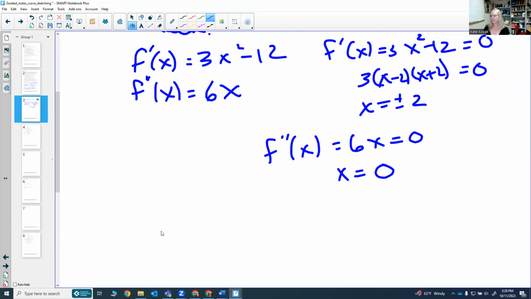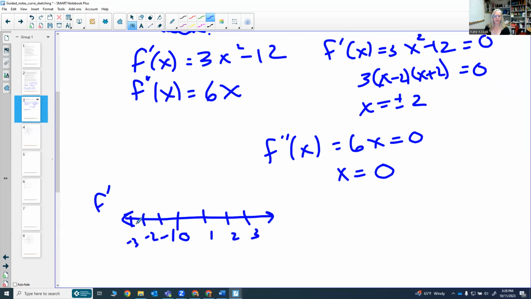Now you want to look at the signs of both derivatives on the different intervals. So here's a number line. This is for f prime, put negative 2 and 2 on the graph.